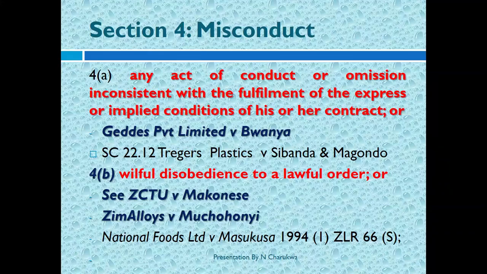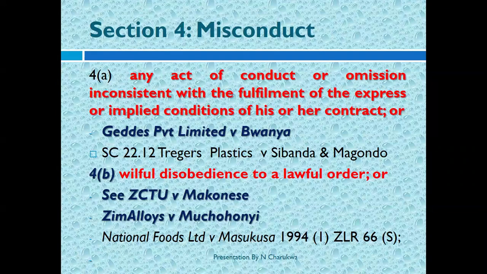Why? Because a contract of employment is subordinate in nature. An employee subordinates themselves to the employer, to the conditions set within an organization. And if the employee is not subordinate, they can be charged.